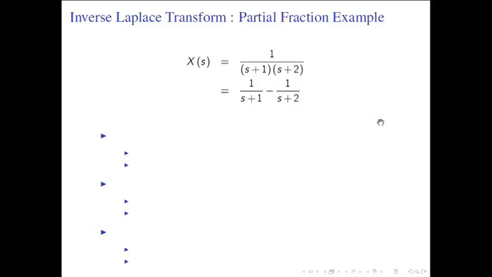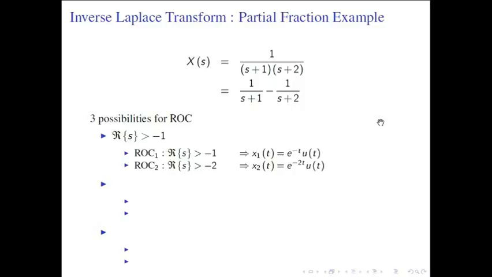This will happen when ROC1 for the first part, 1 upon s plus 1, is Re(s) greater than minus 1, and ROC2 for 1 upon s plus 2 is Re(s) greater than minus 2. Then your whole ROC will be Re(s) greater than minus 1. In that case, your x1 of t will be e to the power minus t u of t, and x2 of t will be e to the power minus 2t u of t.